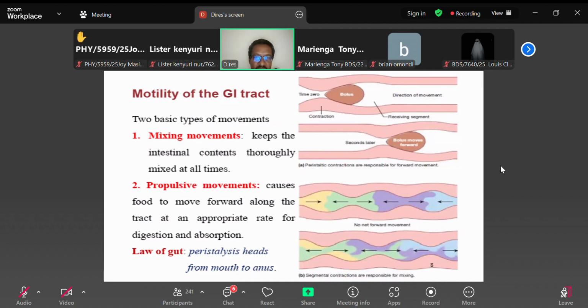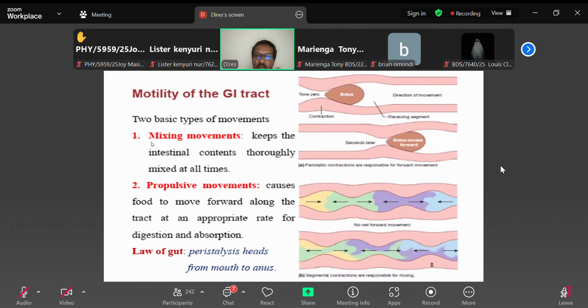Can you give me one example of retropropulsion? Joy, you have a question? You raised your hand. Can you give me one example of retropropulsion, meaning propulsive movements moving towards the mouth?